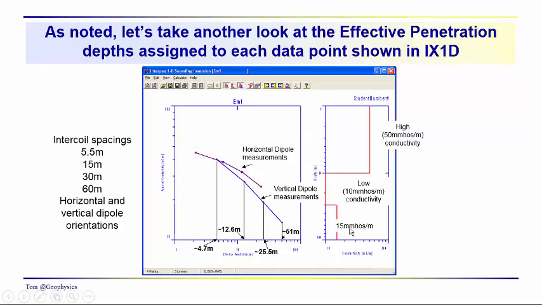if we didn't have this window over here, you can see that the terrain conductivity values start off higher, both in the horizontal dipole and the vertical dipole observations, and then they drop as the intercoil spacing increases. So that's maybe the limit of what we can get.